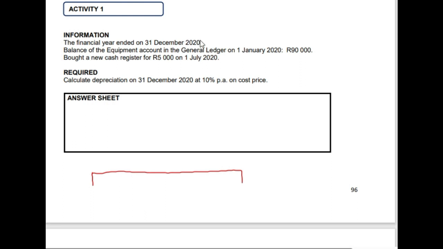Meaning 31 December 2020 is the end of our financial year, and it started in January. So we are going to have January 2020, and then February, March, April, May, June, July, August, September, October, November, as well as the last month of our financial year, which is December. And then right now we can read our information.